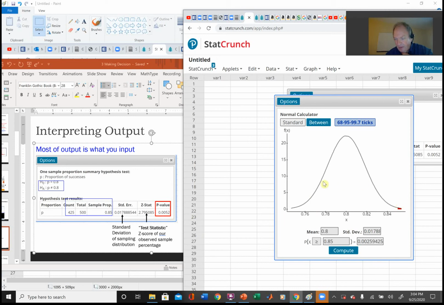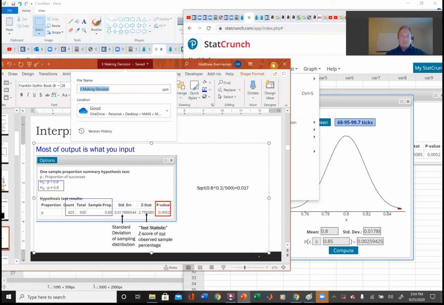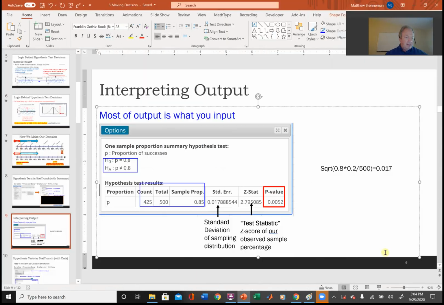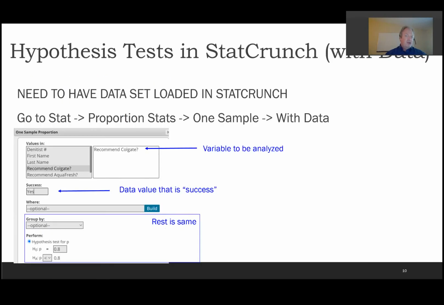So if I looked at the symmetric tails here, I would get that. And that's what's going on, but you don't have to know that. That's okay. Just to give you an idea of where p-values come from. Okay. P-value is very small, so we're probably going to reject, but we're going to come to that.